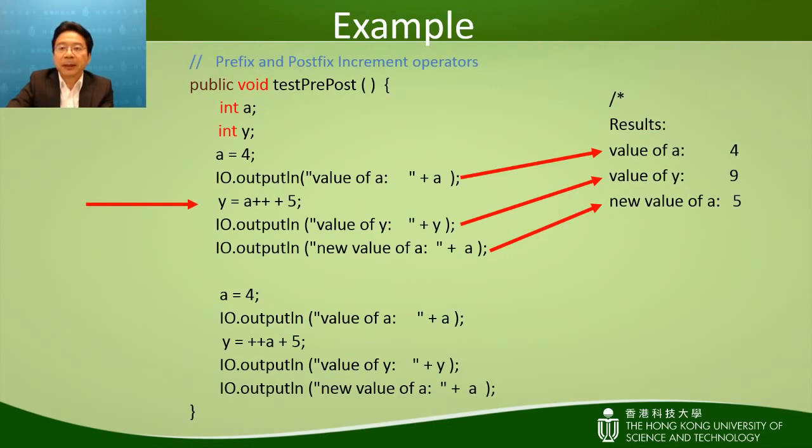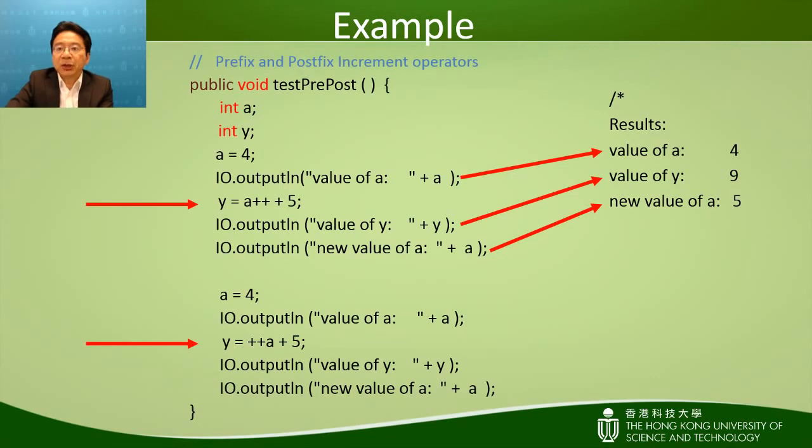So this will be the result that you'll see from the block of code that we have just talked about. The next half of the code first would initialize a back to 4. Now think about what will happen to the assignment here. ++a is a prefix increment operator. It will first perform the increment. That is, the value of a would be increased by 1 and get a value of 5.